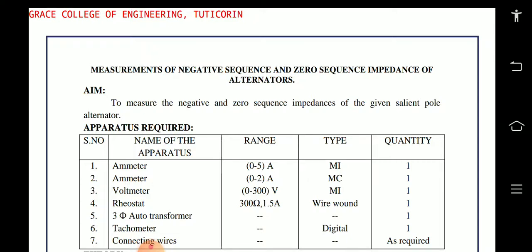The tachometer is used to display the speed of our motor, so we can obtain the speed measurement on the tachometer. And we need connecting wires to connect all the components in our laboratory.